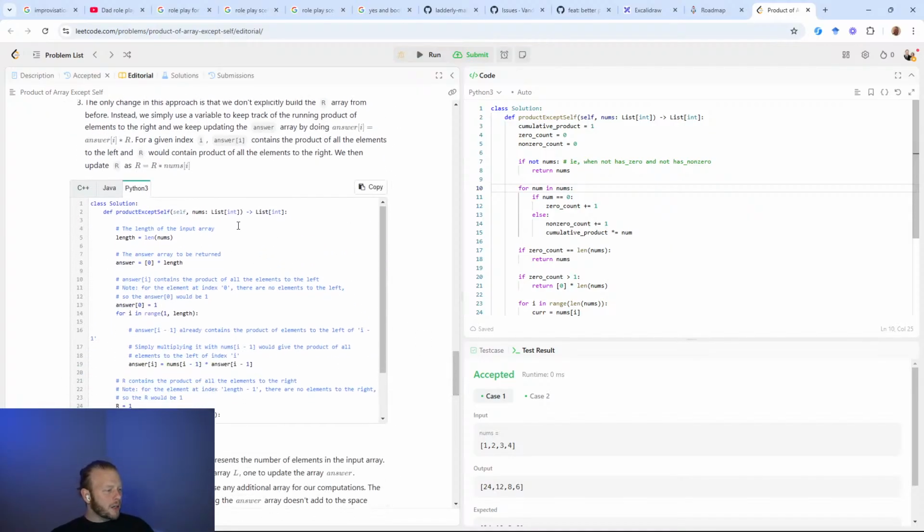So I need to try to understand this better. In this approach, all right, we got the length of nums. Fine. We prepare an array. Fine. Now, answer[i] contains the product of all elements to the left. Interesting.